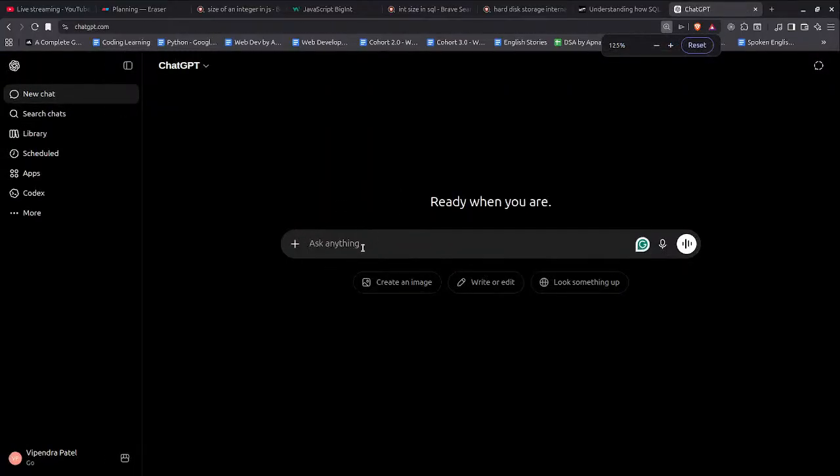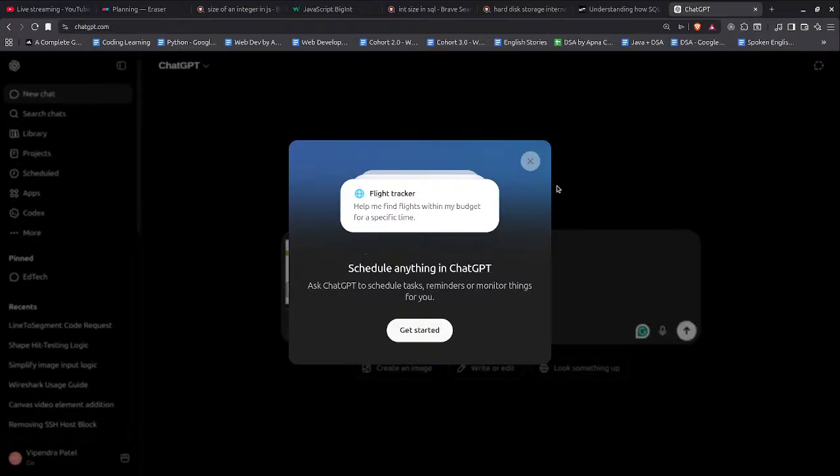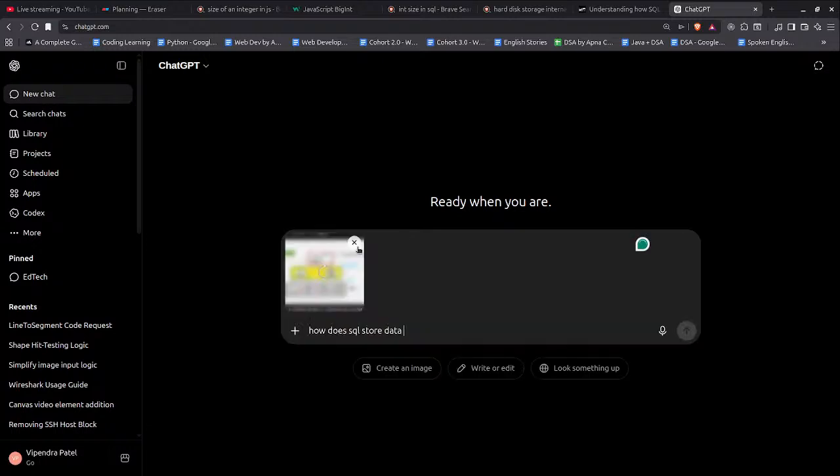Alrighty, here we are, and if I just simply paste it here, or let's simply say it like this, it's of no use pasting this. How does SQL store data? Let's have it for a reference here.